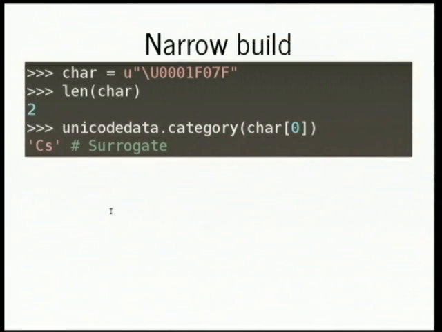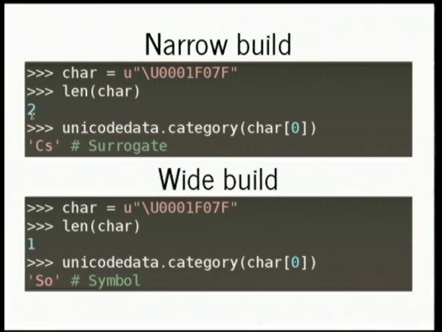Specifically, if you had a narrow build and you tried to use a character which is outside the basic multilingual plane, then it would be encoded as two UTF-16 surrogates, and that was visible to the application. So this thing is one Unicode code point, but it is represented as a string of length 2 in a Python narrow build, and that narrow means UTF-16. And it's been encoded as two surrogates as Unicode data.